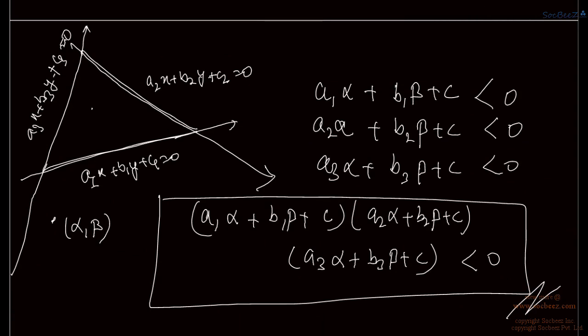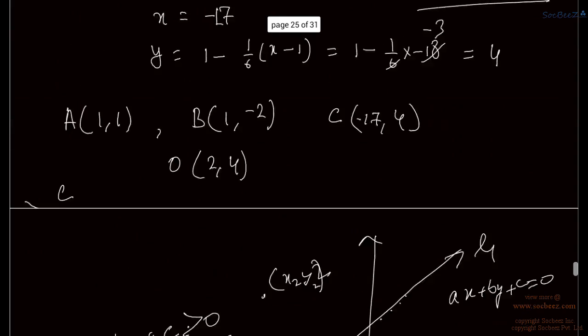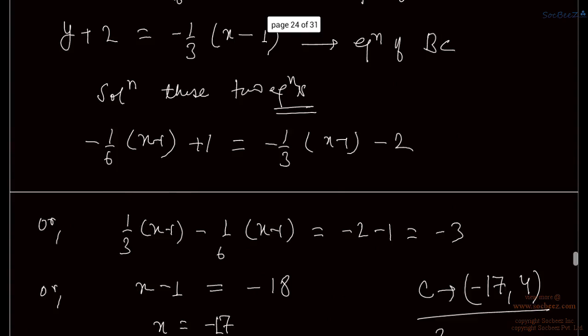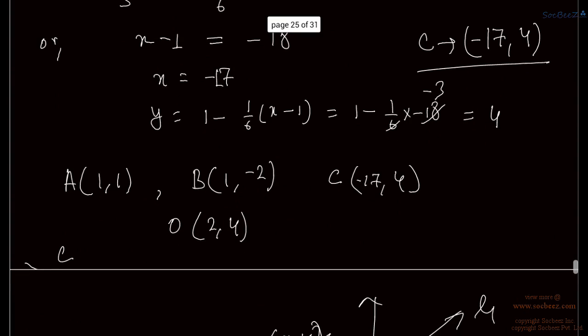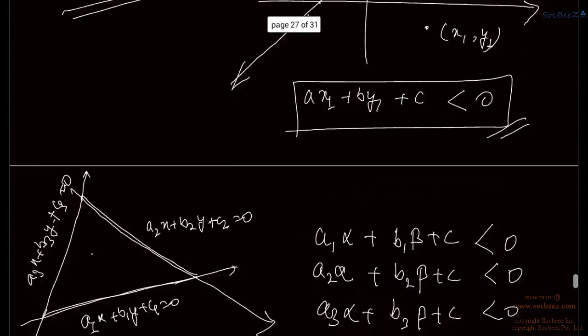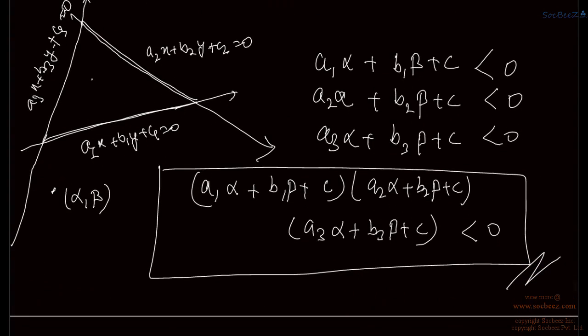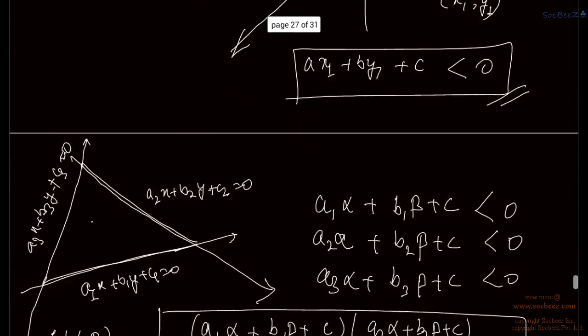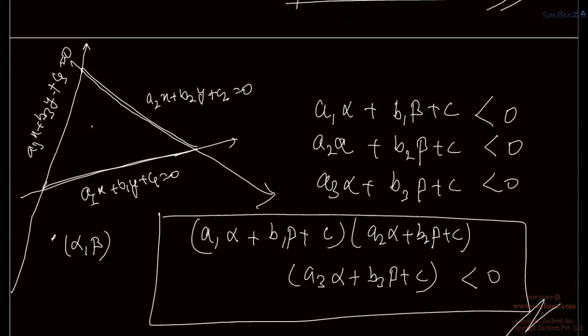Then we have to see whether the product is greater than 0 or less than 0. Substituting this point in the equations, you will see that the expression you get is less than 0. That means the point is outside the triangle.